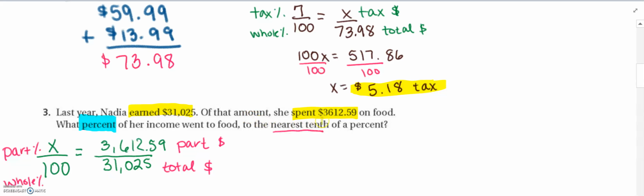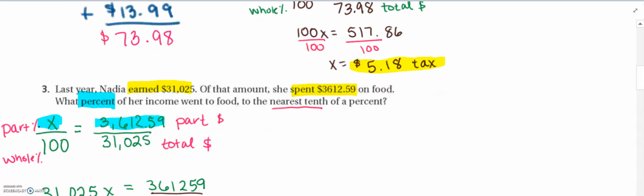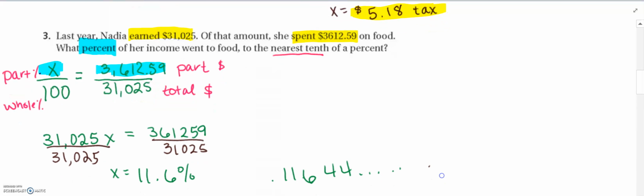Out of that, she spent $3,612.59. So that goes in the numerator. We want to know what this number, 3,612.59, is as a percent. So now we're just going to cross multiply and solve, and we get 11.6% rounded to the nearest tenth. Now let's look at the next problem.